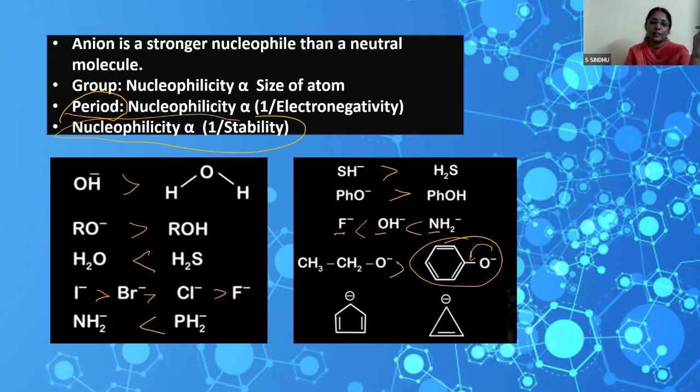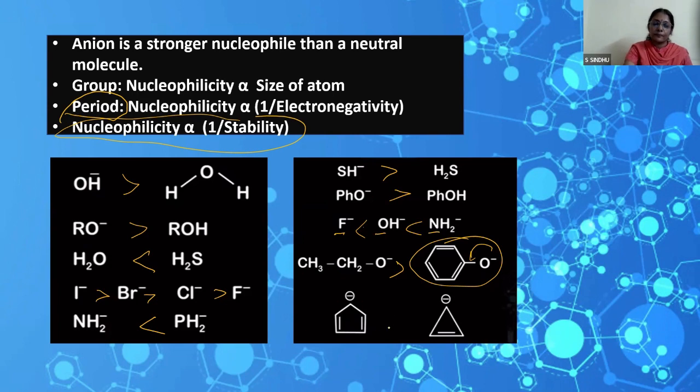And what about these two that I've given? Though we don't use all this here, I just thought to mention it. In these two, how do we compare? The first one is more stable because more resonance is possible. Can we talk in terms of aromaticity?